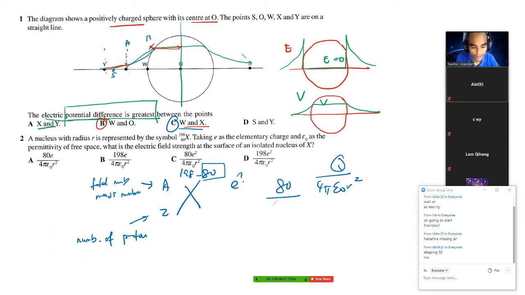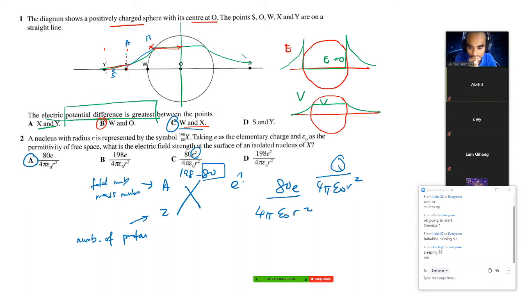So we have 80e, and then you have 4 pi epsilon naught R squared. So the answer is A. Why did we not take e squared? Because it's a single nucleus.